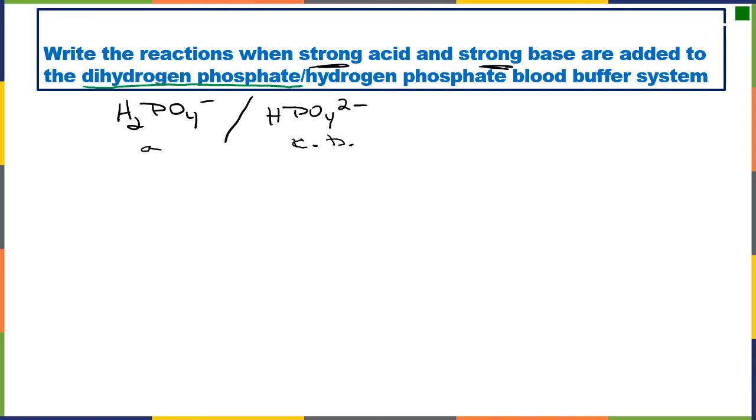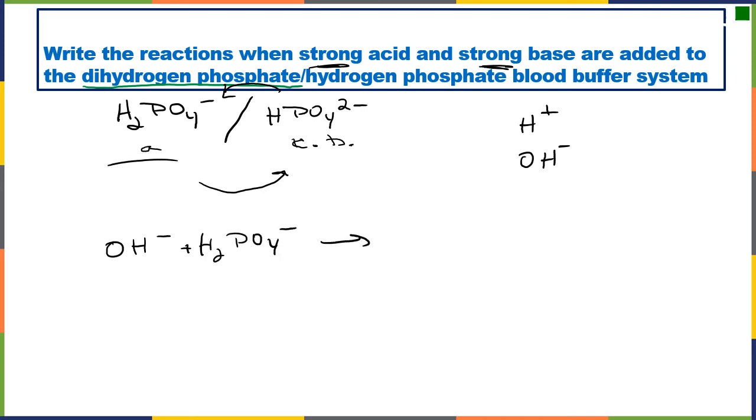And what we are going to do is we're going to add H plus to this, and we're going to add OH minus to this. Now we know that when we do this, we are simply going to interconvert from our weak acid into this conjugate base and vice versa. So if we add a hydroxide, it is going to react with the acid.